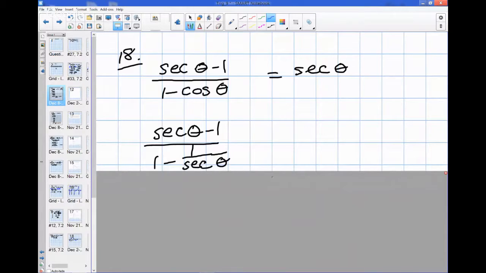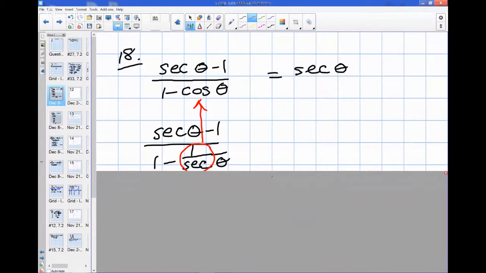And there is, because isn't cosine just the reciprocal of the secant? So do you see what I did in this first step is I substituted in a 1 over secant to replace the cosine that was in the original statement. All right, now at least we have the left side all in secants.